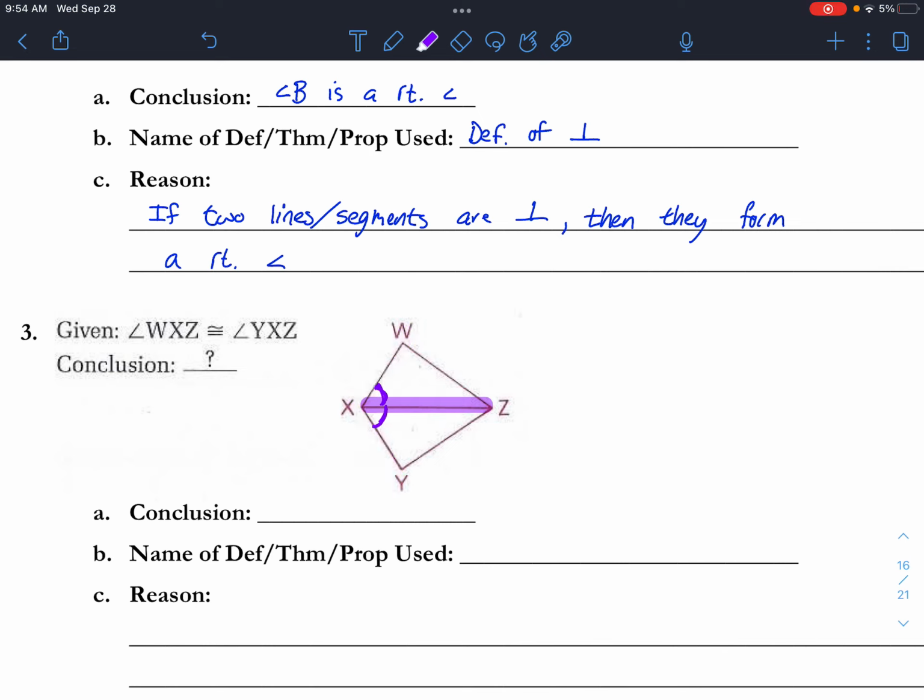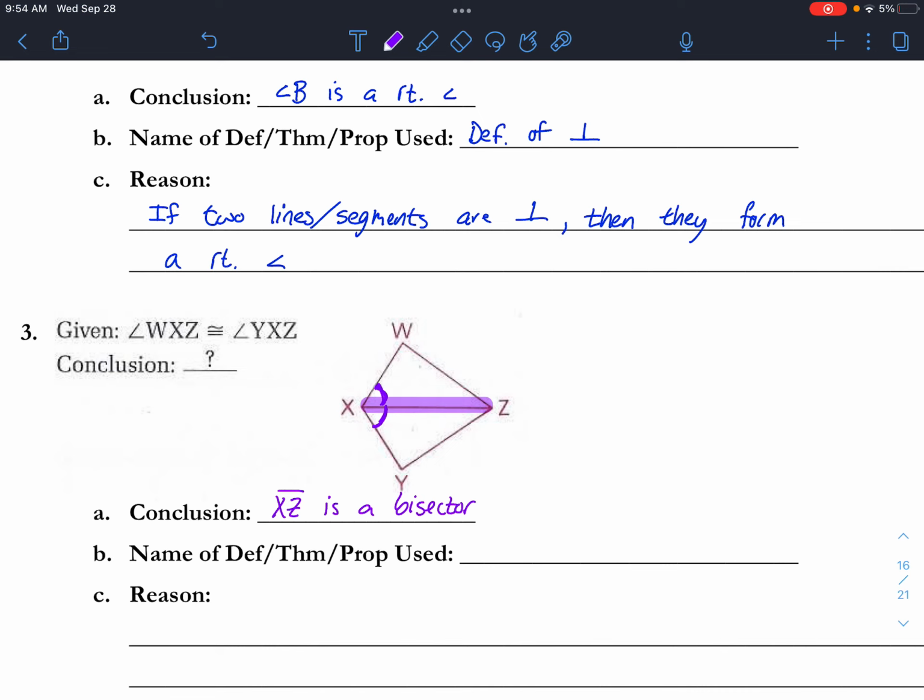What that means is that line segment that we have called XZ, we know for a fact that XZ is a bisector. It cuts something in half. Now remember, bisectors, we can cut angles in half, we can cut segments in half. It's just a variation of what we're given.